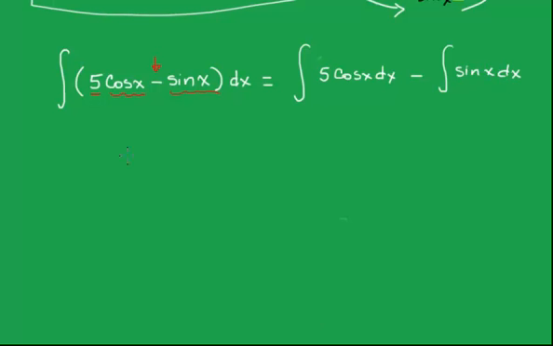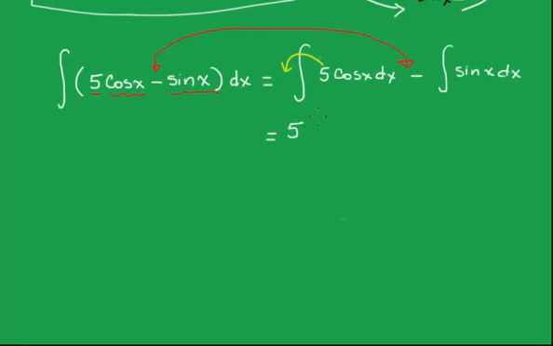See, I split the antiderivative at the sign. So now I have two antiderivatives that I can manage. And we also saw that we can take out the 5 for this first one.